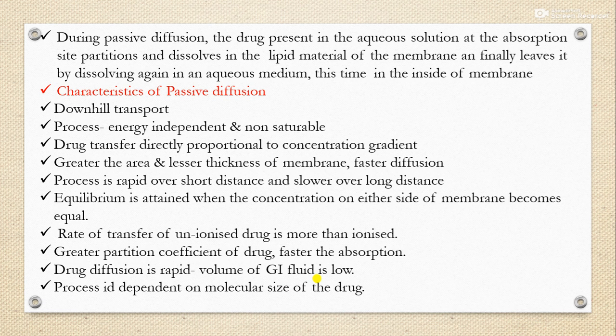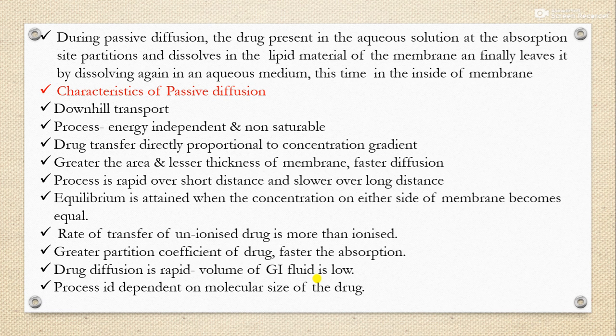So passive diffusion involves solubilization of aqueous drugs at the absorption site. This solution then partitions and dissolves in the lipid material of the membrane, and finally it leaves the lipid region of the membrane and then again dissolves in the aqueous medium, that is the plasma.